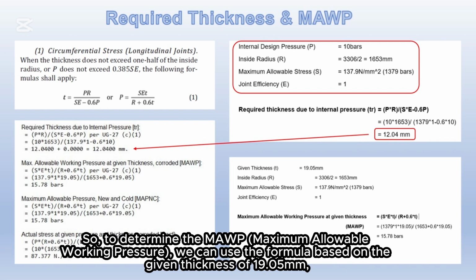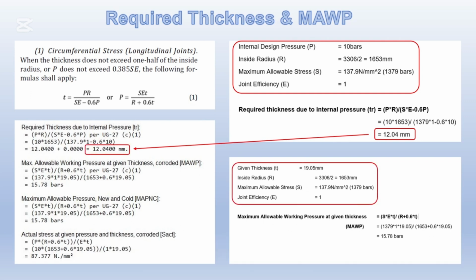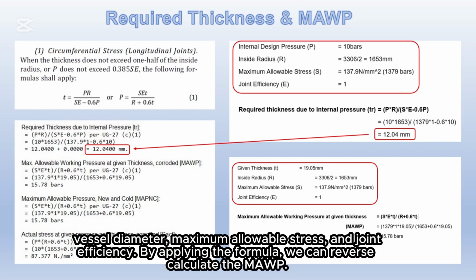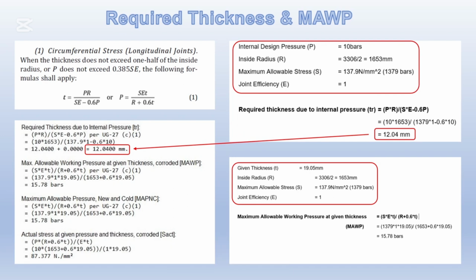To determine the MAWP, maximum allowable working pressure, we can use the formula based on the given thickness of 19.05 millimeters, vessel diameter, maximum allowable stress, and joint efficiency. By applying the formula, we can reverse calculate the MAWP.